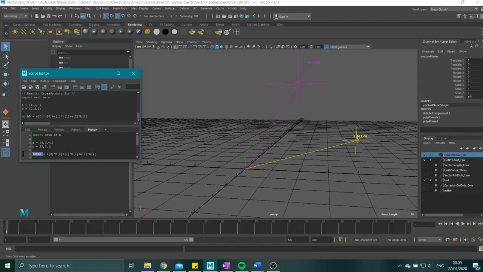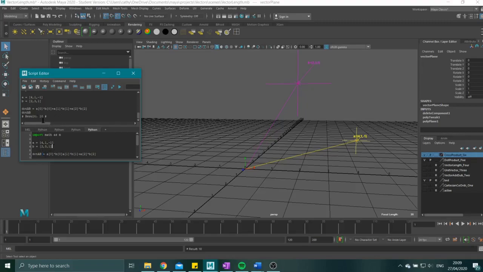So I have run that and we'll have a wee look and see what we get. 10. Okay, so our A dot B here equals 10. And note that our result here is not a vector. Unlike our previous calculations where our result returned a vector, with the dot product, we get a scalar.